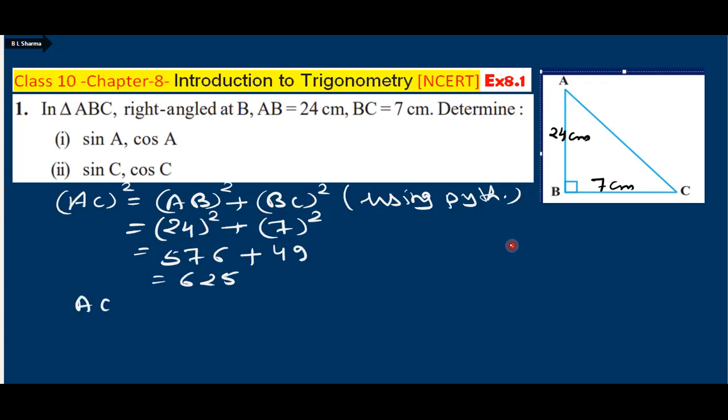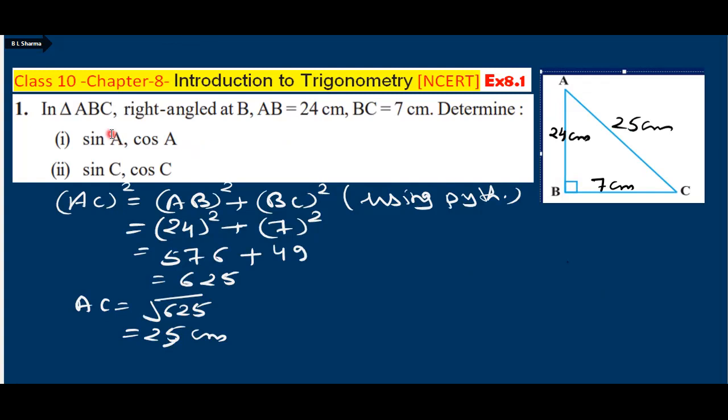So AC, the third side, is square root of 625, that is 25 centimeter. So mark here 25 centimeter. हमें ये तीनों साइड यहाँ पे इस राइट एंगल ट्राइंगल ABC में मिल चुके हैं.